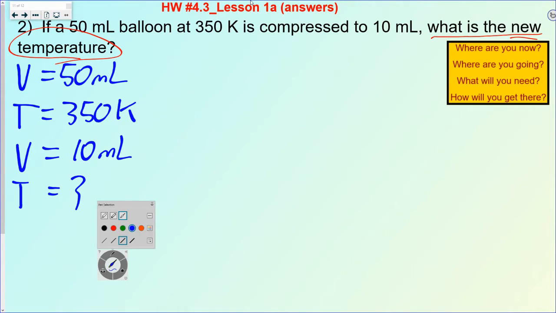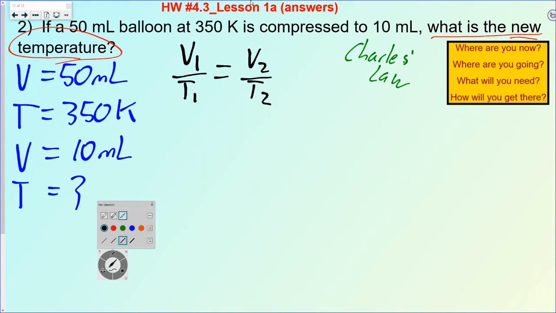So, when relating volume and temperature, we're using Charles' law. This is a direct relationship, meaning that as the volume increases, the temperature also increases, as long as the other variables like pressure or the amount of gas remain constant.